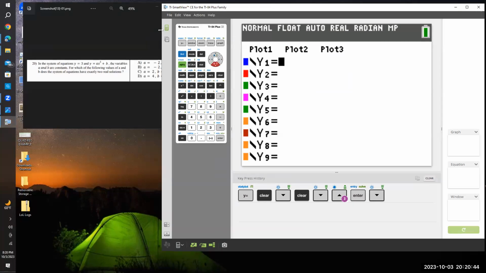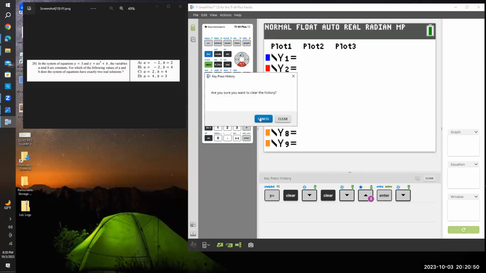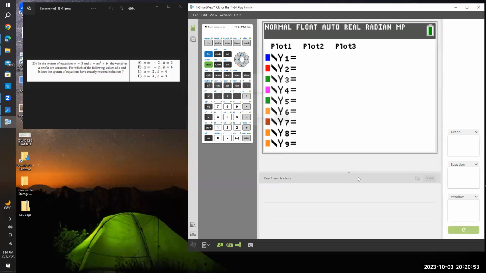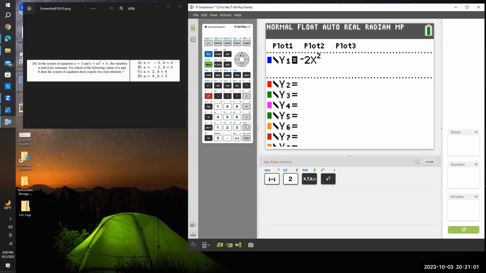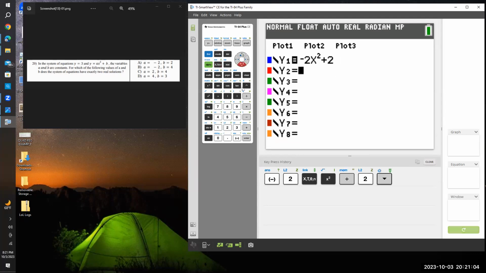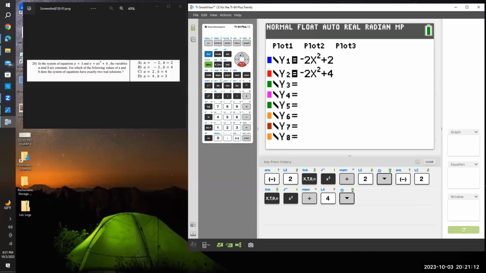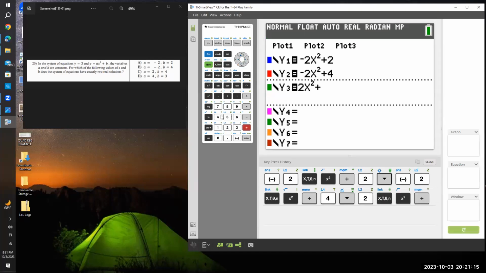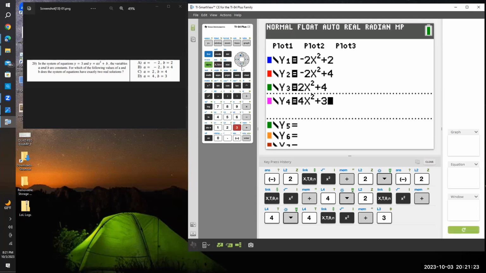Since it is a quadratic equation, you use these commands here. I'll clear out the keys so you can see this. We'll type in -2x squared plus 2 for equation 1. Equation 2 is -2x squared plus 4, 2x squared plus 4, and 4x squared plus 3.